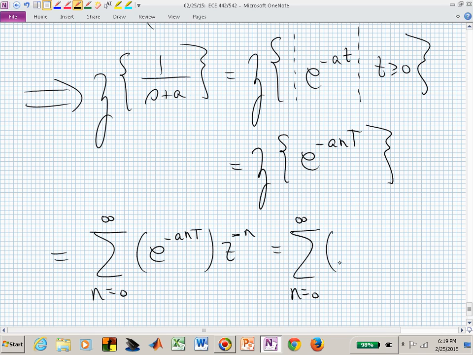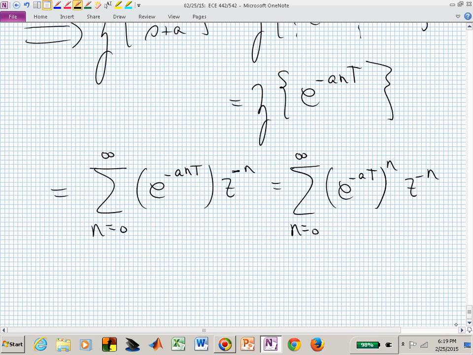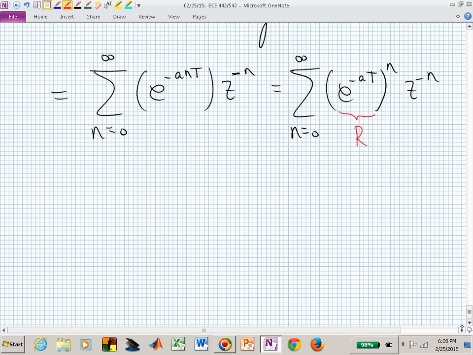I can make this look a little better if I say, let me factor out that little n from the exponent. Now I have something to the n times z to the minus n, where this piece, if that was making me nervous or anxious, I could just replace it with the number it is if I have capital T. And there may be some examples where we don't even have a sample period.